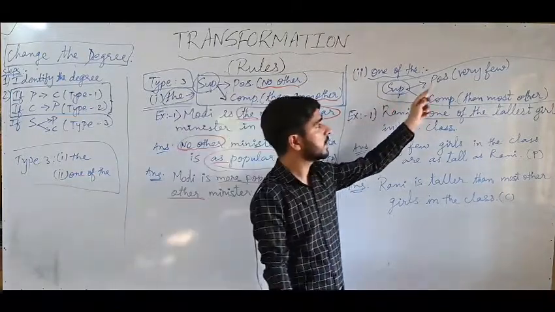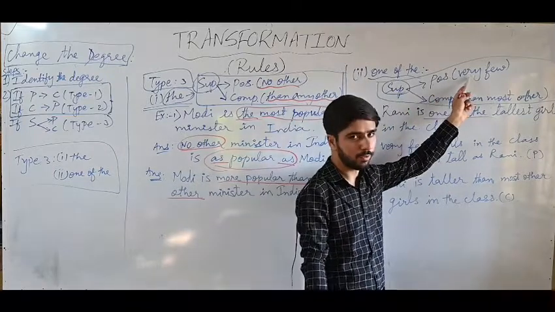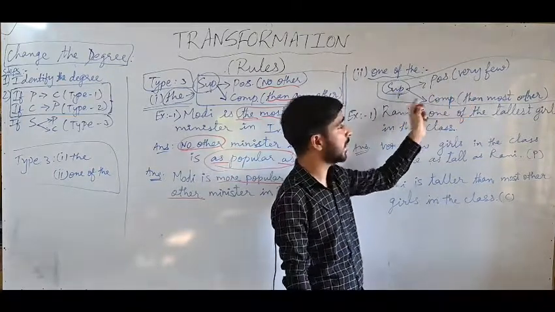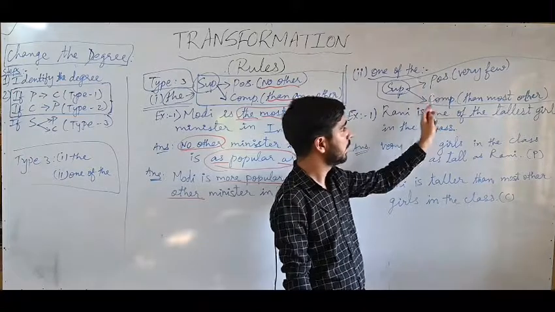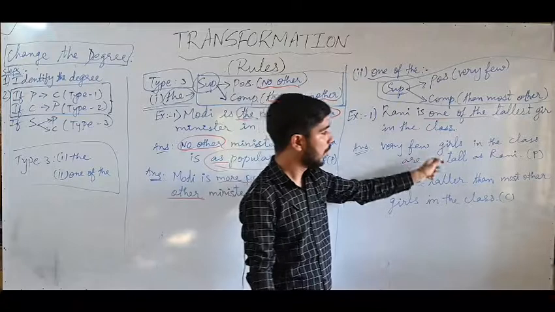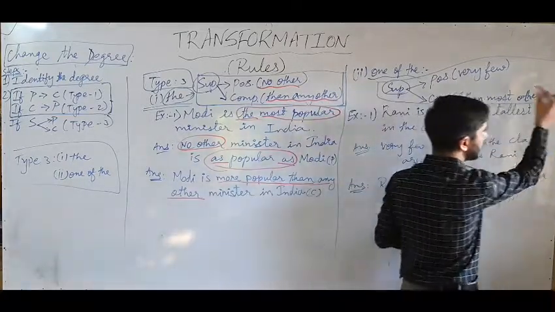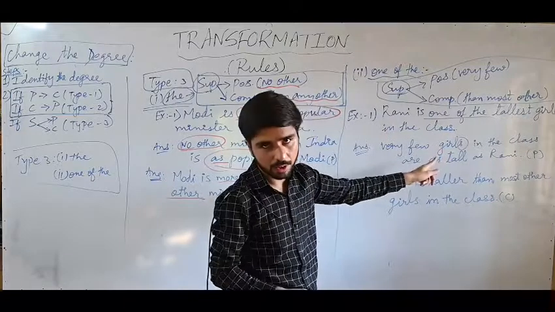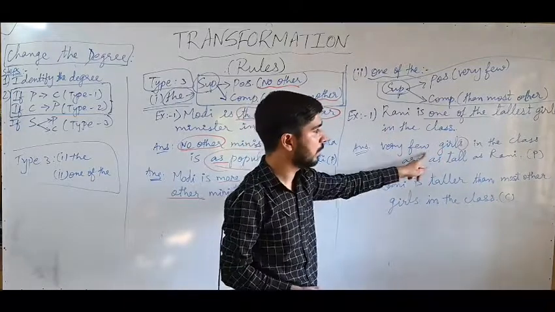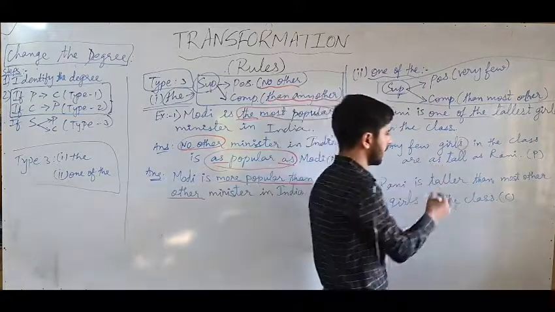See, now let us change it to positive. So that means I have to start my answer with "very few" because we are changing from superlative to positive first. Then we will do this one. Now see, very few girls, always keep this plural. It is already given plural in the question. Keep it plural. Don't change. Very few girls in the class are as tall as Rani.